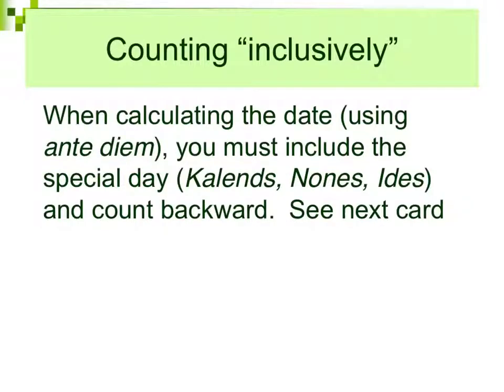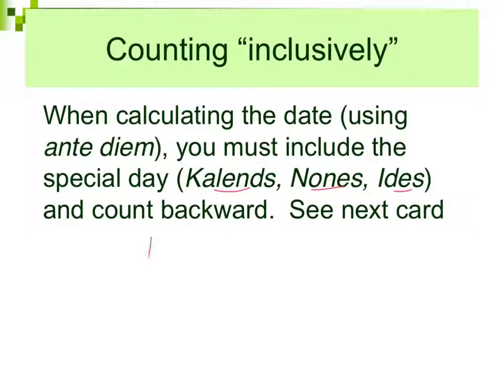An important thing to remember in calculating the date of the month is that the Romans counted inclusively. So that means you must include the special day, right, the Calends, the Nones, and the Ides, and then count backwards. See the next card.